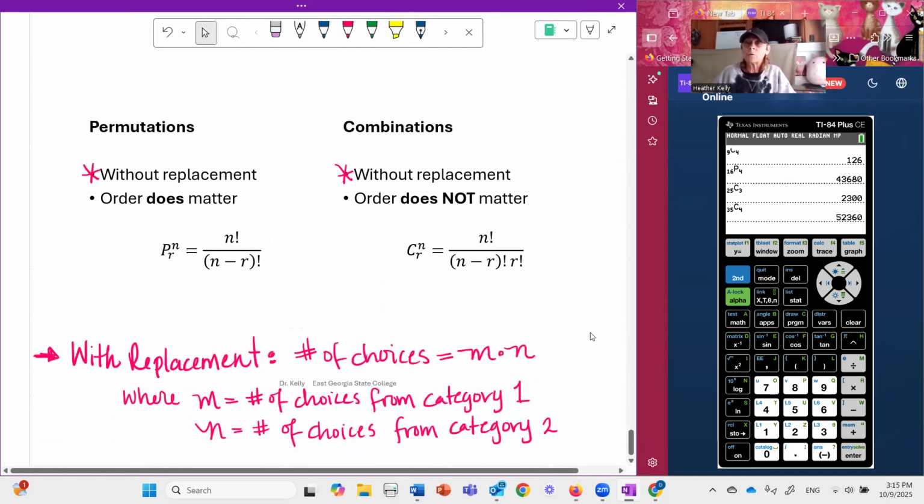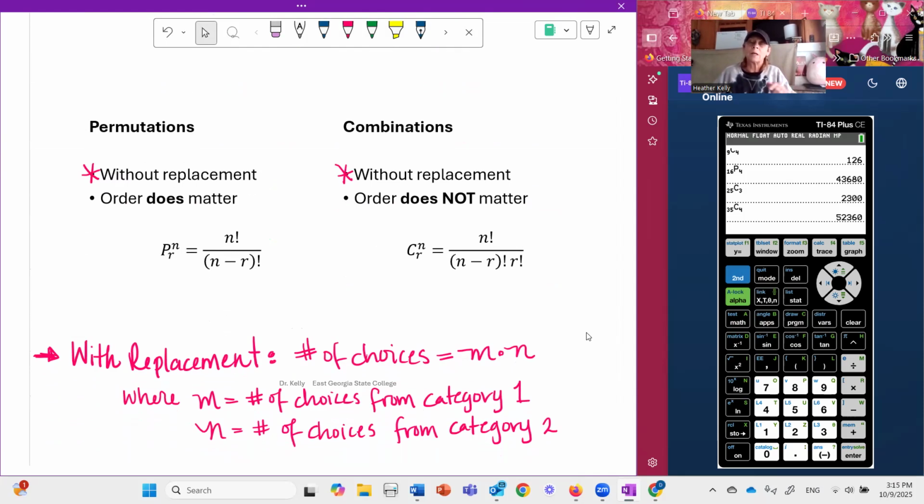But I want to remind you of a few things, okay? Permutations, the order does matter. Combinations, the order does not matter. We not care. Right? nCr, not care. Order does not matter, not care. Good way to remember it.